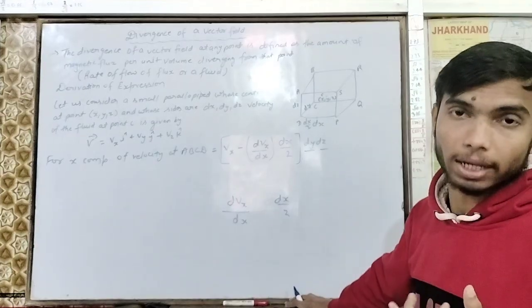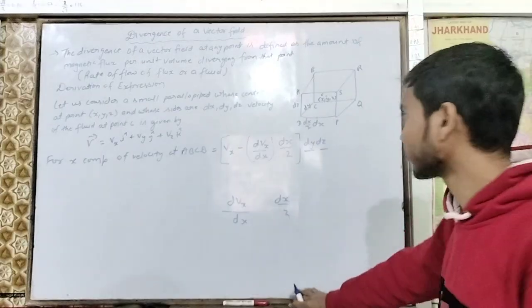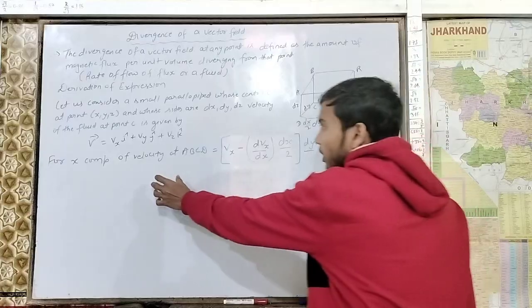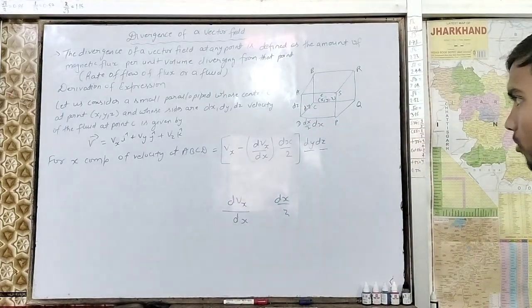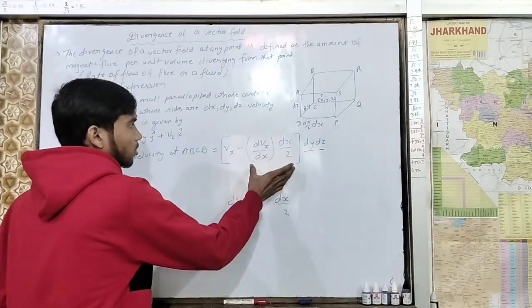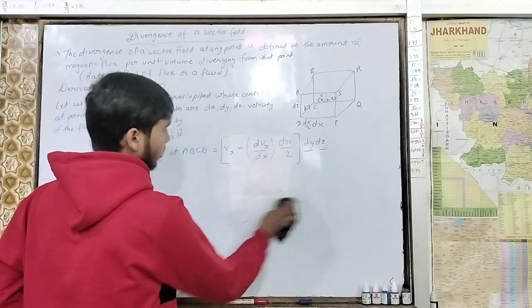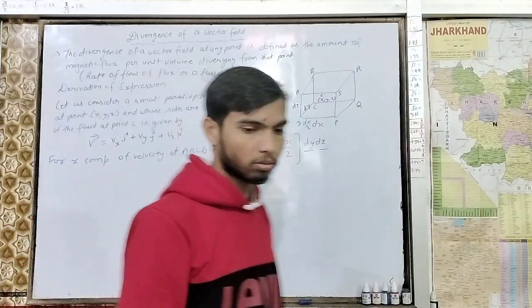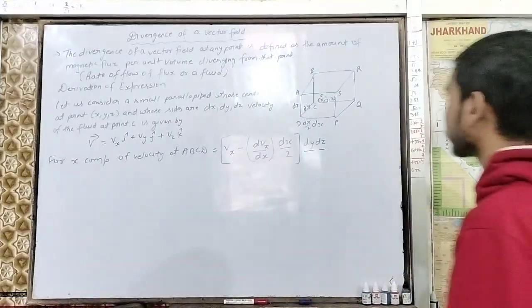Don't take dy upon 2, dz upon 2. No. The reason is we are taking the velocity along the x component. Okay, that's why. So what is happening over here? Minus is about changes.